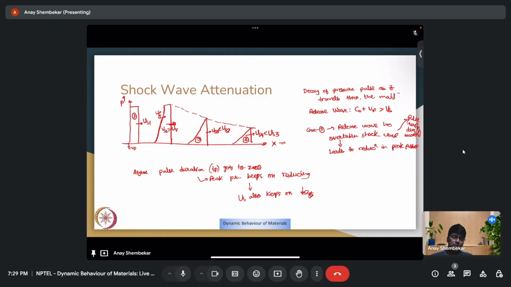By using advanced computational methods, we are able to estimate fairly how the shape of the pulse changes as it moves ahead with time due to interaction with the release wave.